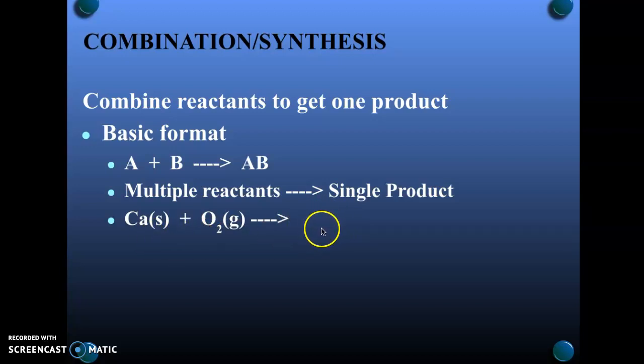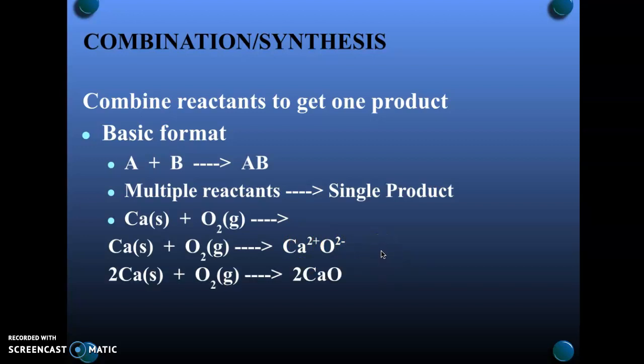When you make the compound, it's going to be an ionic compound. Just like what we learned in chapter 9, we have to make sure that the ionic charges add up to 0. When we look up the ionic charges, calcium is a positive 2 ion, and oxide is a negative 2 ion. So we just need one of each to write out our product.